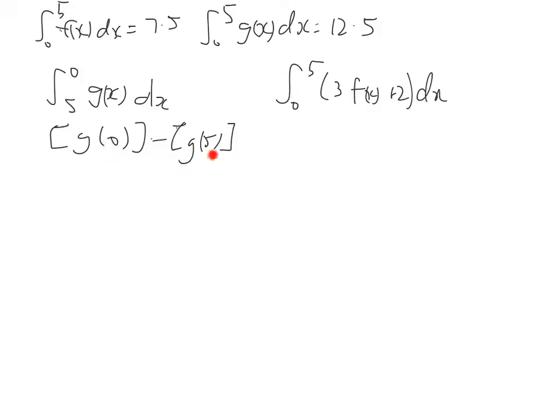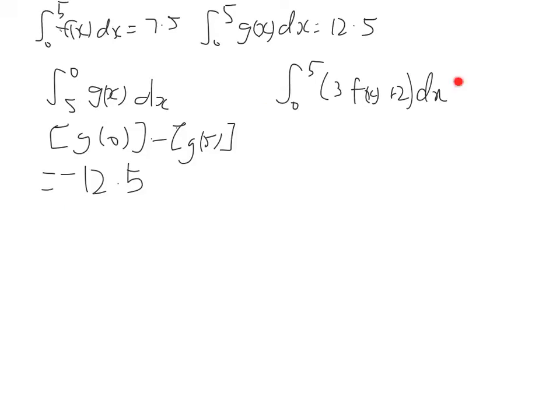So if we have 5 minus 0 and that gives us 12.5, what do you think this is going to give us? Well, this will end up being negative 12.5. Okay, so if we swap these two, the area, or the definite integral, becomes the negative of it.